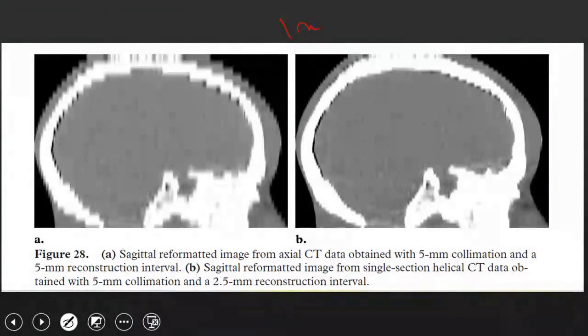It's as if at that moment you are not capturing enough data. You are capturing a large amount, but there is data missing in between. You are working with 5 millimeters, but where is 1 millimeter? Where is 2 millimeters? Where is 3 millimeters? Where is 4 millimeters? That data is missing.